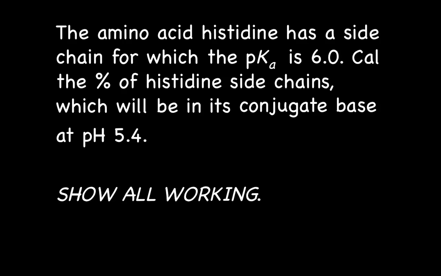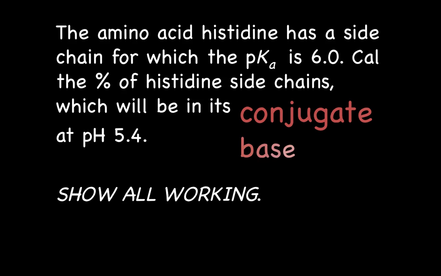Now let's look at that same question again, but let's change it just slightly. So we're going to have the pK, again is 6.0. The pH that we'll be looking at is 5.4. But in this case, we want to know the percentage of histidine side chains that will be in its conjugate base. Once again, I'm going to show all the working. So the question is almost exactly the same as before.